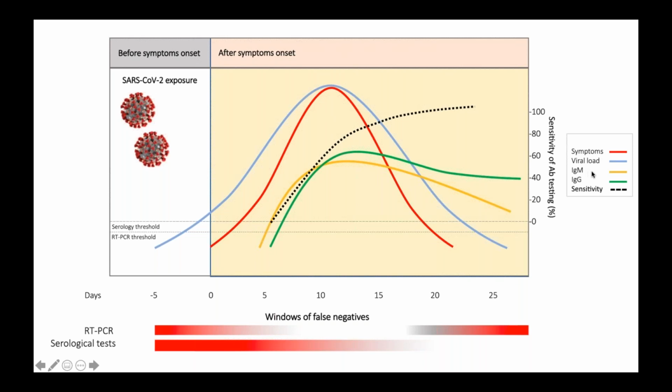And again, we're illustrating here the IgM and IgG responses, which is similar to the previous curve. IgM usually appears a little bit before the IgG responses. But then the key thing here is the sensitivity of antibody testing.